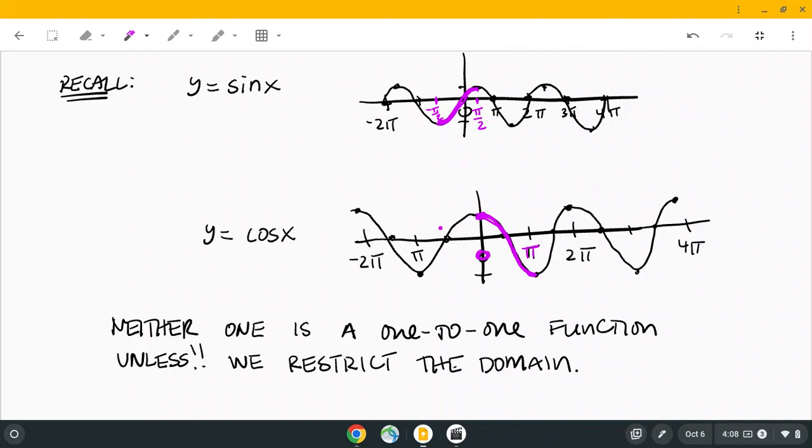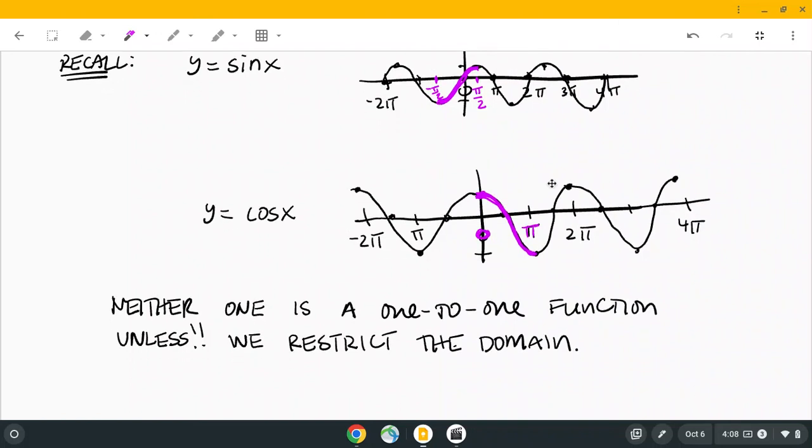Right now, if I draw a horizontal line through cosine, it passes so many parts of the graph. But if I only restrict the graph to this little portion and erase everything else, then if I draw a horizontal line, it will only cross it once. And this would be a one-to-one function.